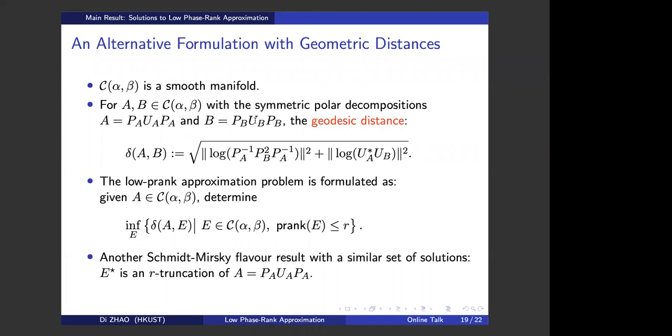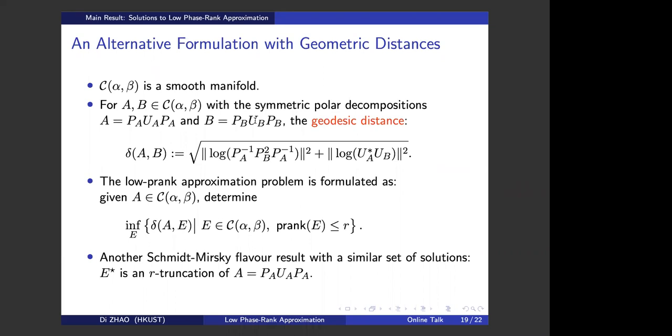In the case of rank 0, when it becomes positive semi-definite, you're projecting onto a convex cone of matrices, which is a convex problem, and there are simple ways of doing that.